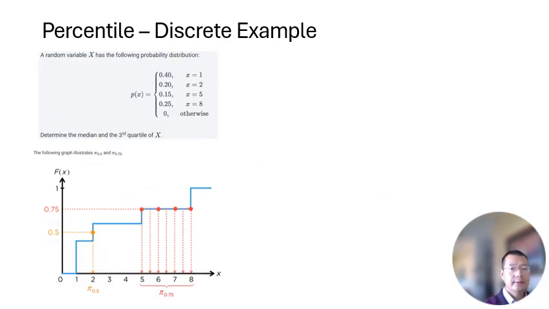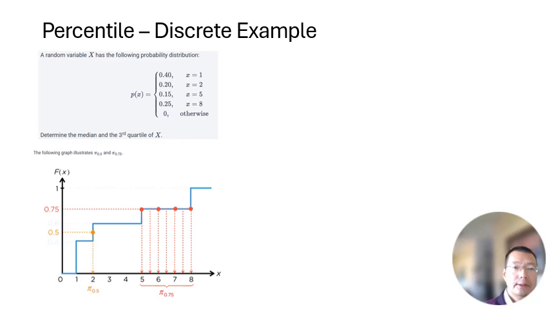Now let's look at the next example. This is an example for percentile, but it's for a discrete random variable. So the question is, a random variable x has the following probability distribution. Px equal 0.4 if x is equal to 1.